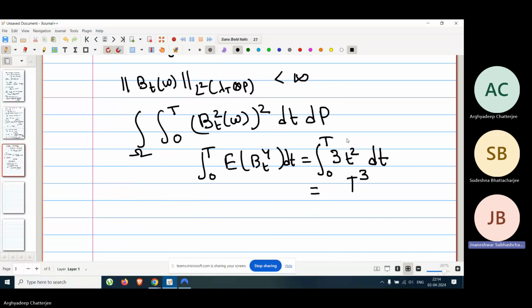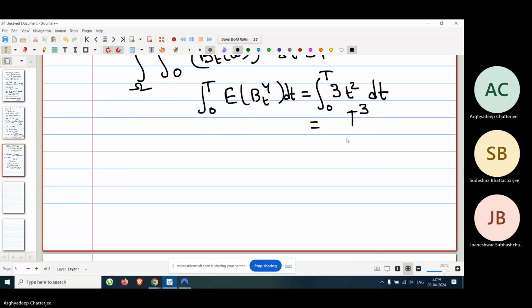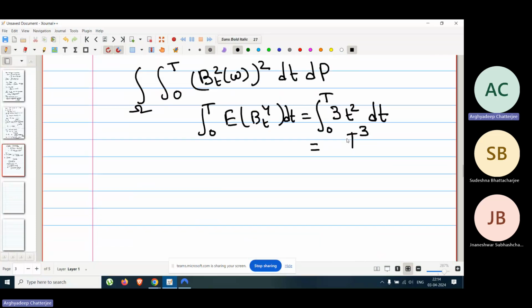Is it easy to see this by approximating it by simple functions, for at least some nice functions of B? Yes, I can even show that if not Ito's formula.